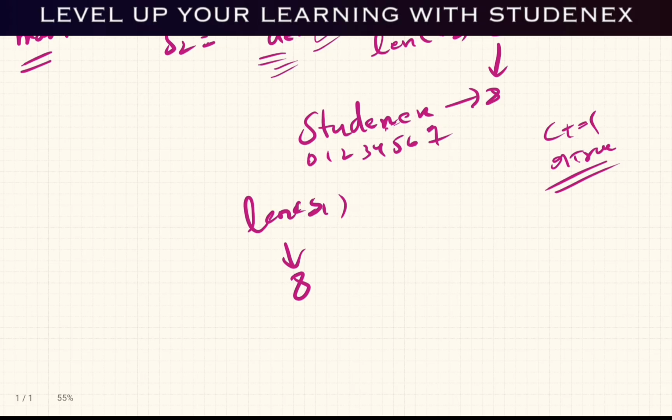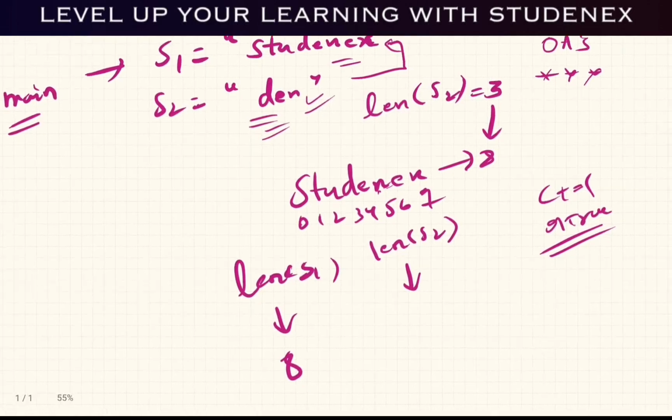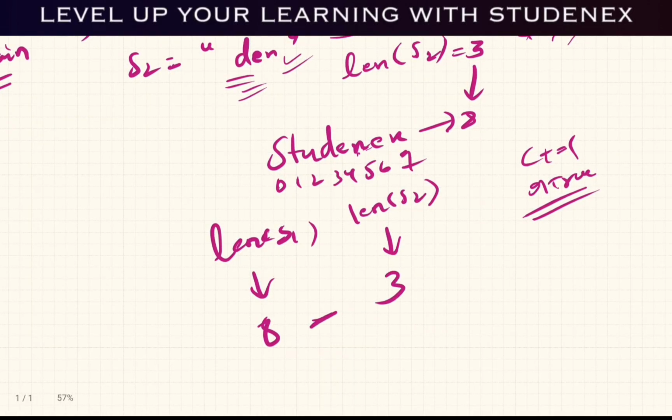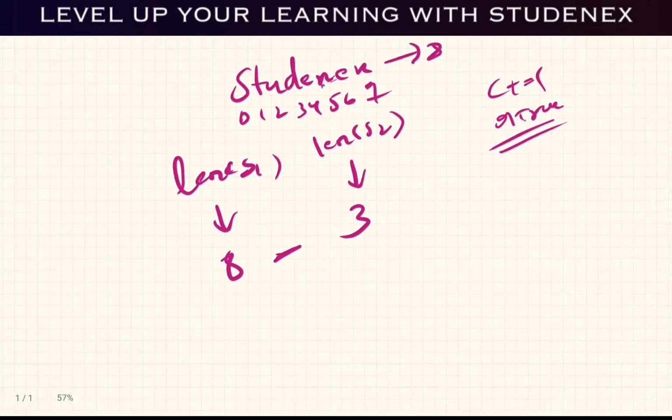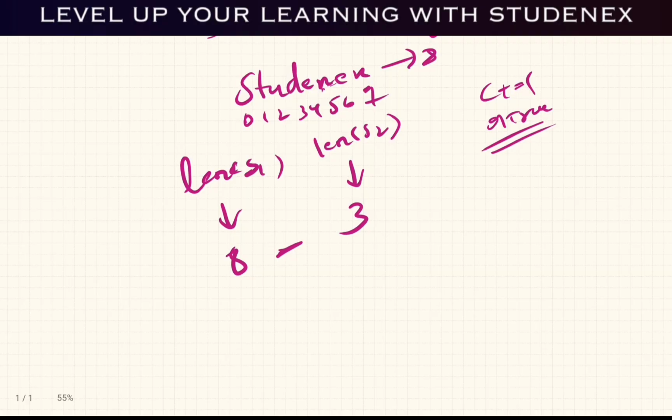We count how many values exist in that string. The length of S1 is 8 and the length of S2 is 3. If we subtract these, we get 5 here.